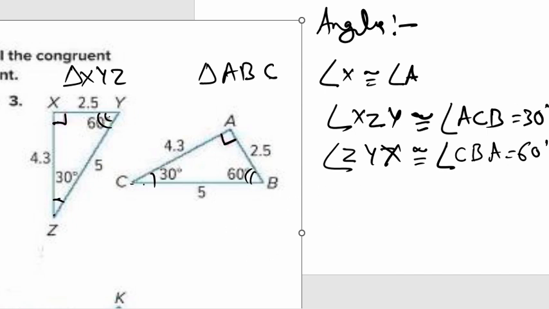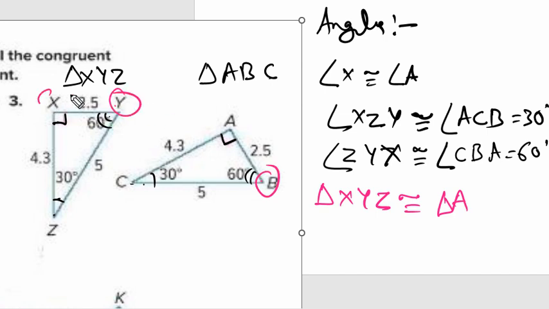Now, if you want to look at the triangles' angles, we can say triangle XYZ is congruent to triangle ABC. This is Y 60, so B is 60. X is A, and Z is C. So ABC.